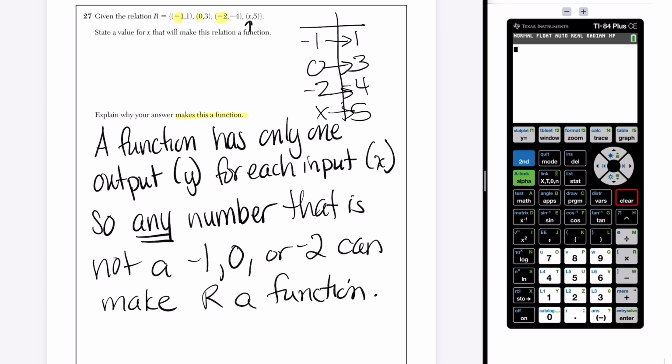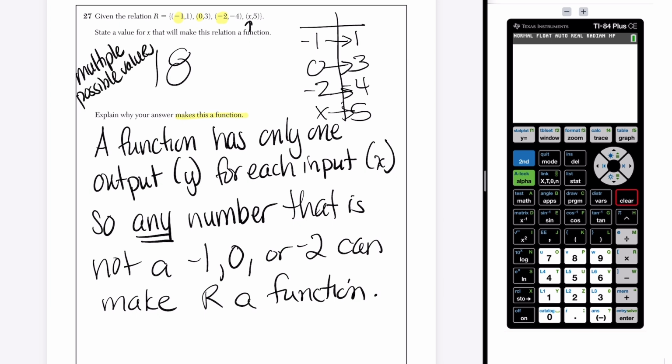Alright, so I can pick 18. I can pick 27. I can pick 8. Any of those numbers. So let's say I decided on 18. I can pick 18 because it's not a negative 1, a 0, or a negative 2. So this one does have multiple possible values.